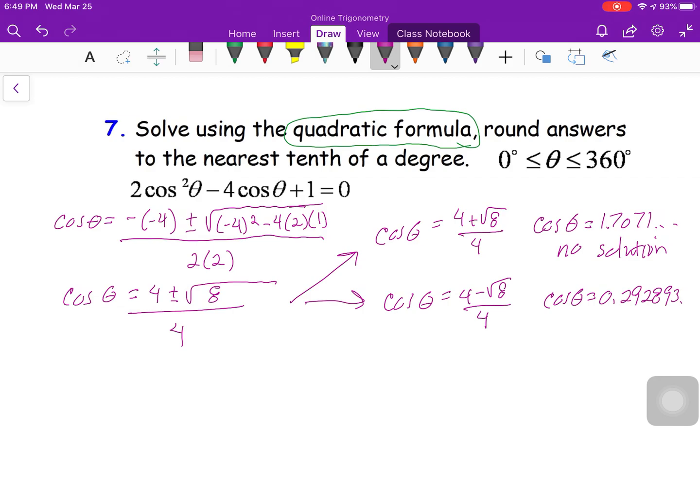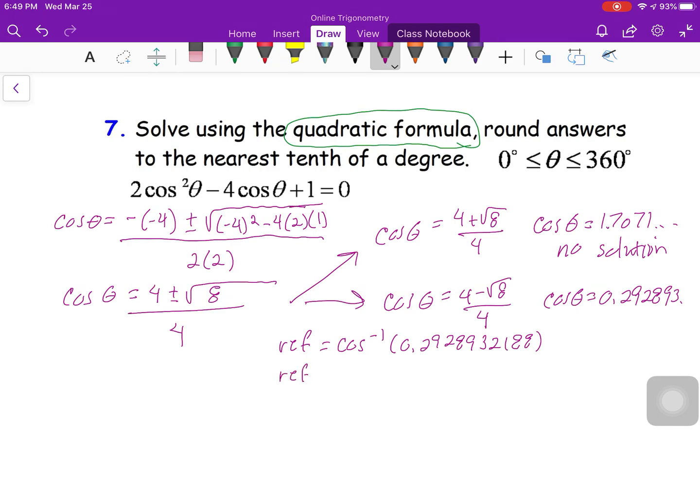It's also not quadrantal. So in order for us to get our answers, we have to get the reference angle by taking the inverse cosine of that 0.2928932188.